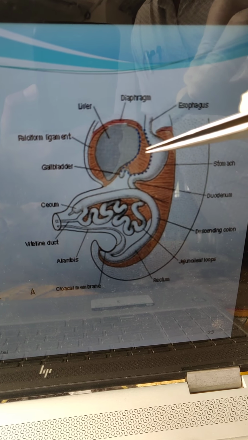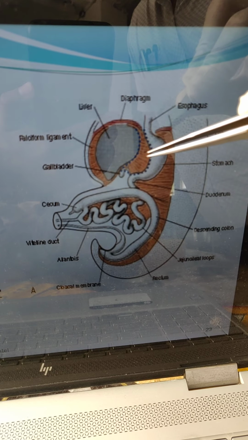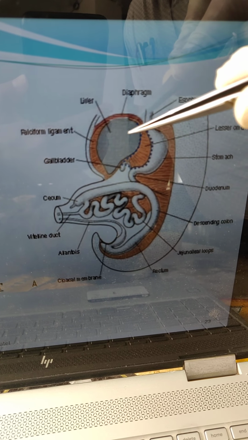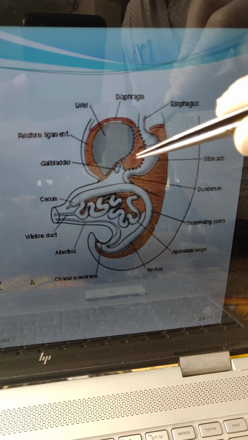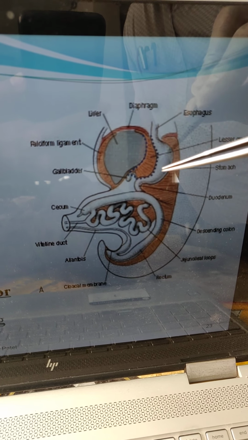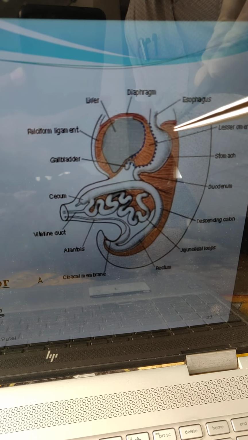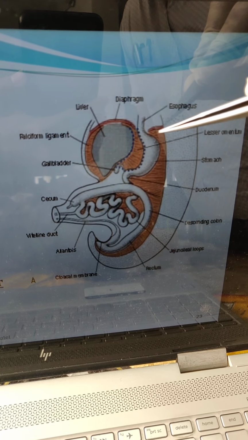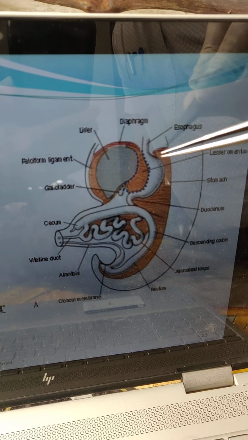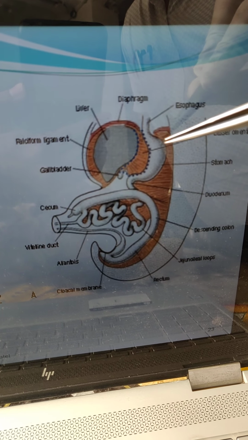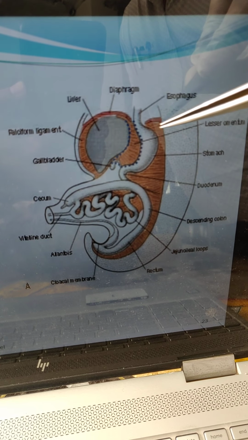From the dorsal mesentery, the part from the liver to the stomach is called the lesser omentum. From the stomach to the posterior abdominal wall, in the cranial part there is a development of the spleen, and it forms part of the dorsal mesentery, the gastrosplenic ligament.